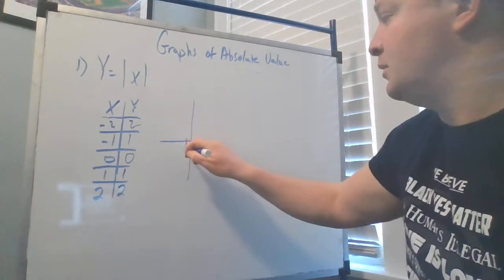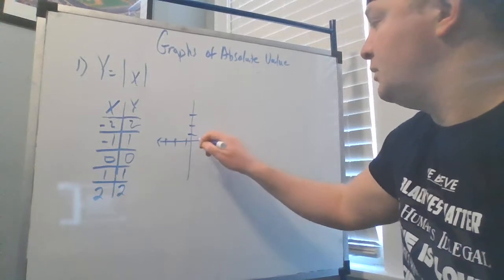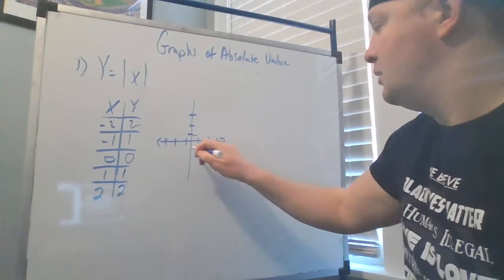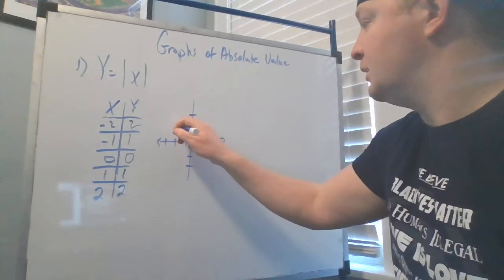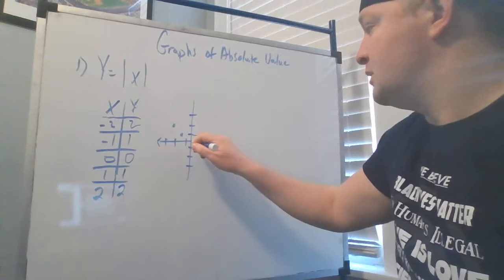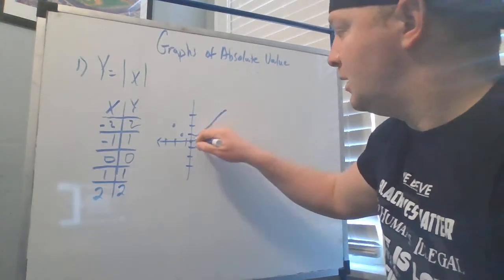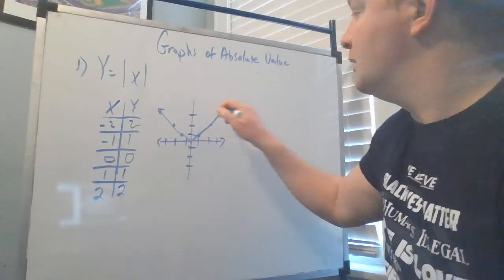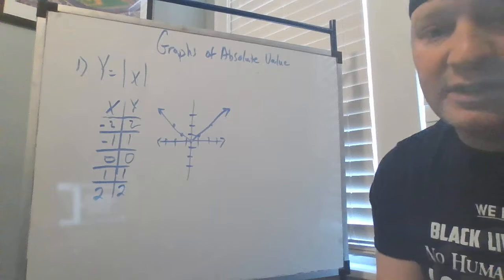Here's the graph. -2, 2 right there. -1, 1. 0, 0. 1, 1. 2, 2. I have created the basic shape of this basic graph.